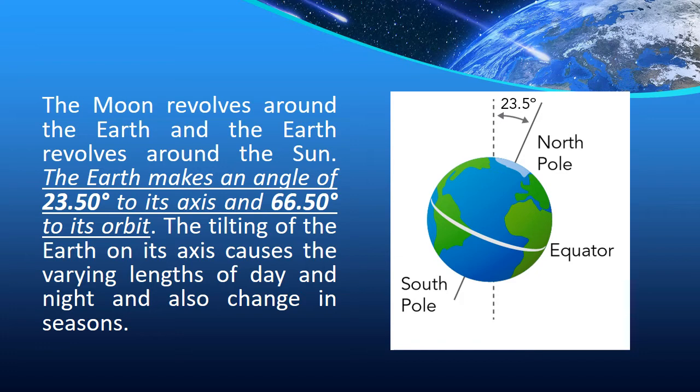But because of this tilt, we get sometimes a longer day, sometimes a shorter day. While one region is having a long day, another region will be having a long night. All these things happen because of this tilt. And what is that angle? 23 degrees 50 minutes on its axis and 66 degrees 50 minutes on its orbit.